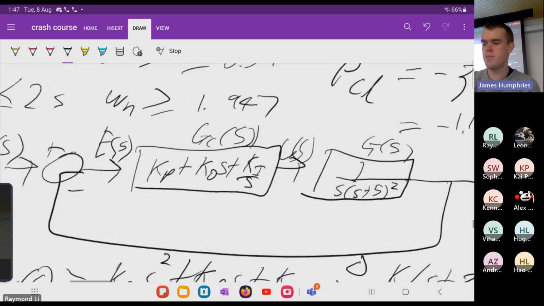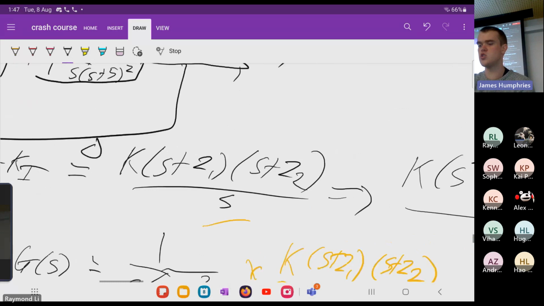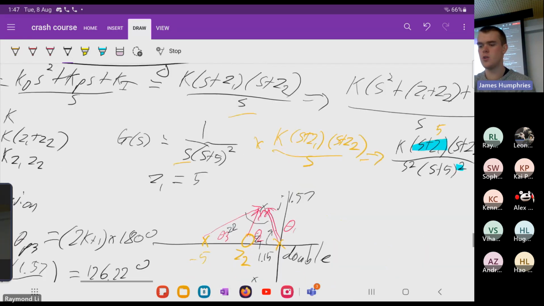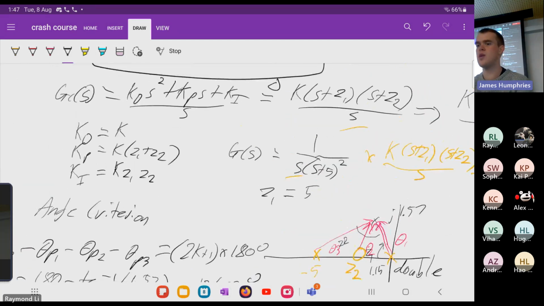So from the PID, we are essentially introducing 2 zeros. Okay? Because of this, we have 3 unknowns. We have K, Z1, and Z2. Now, I will only have 2 equations.